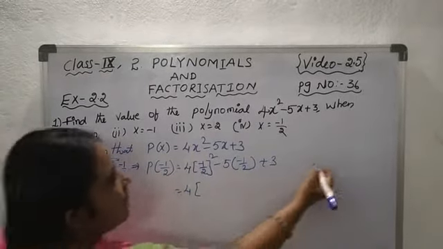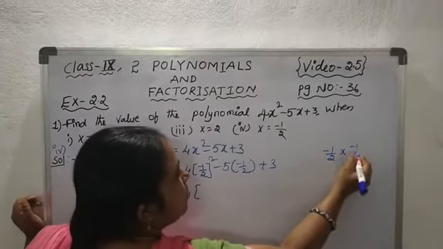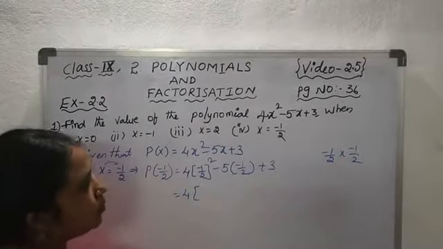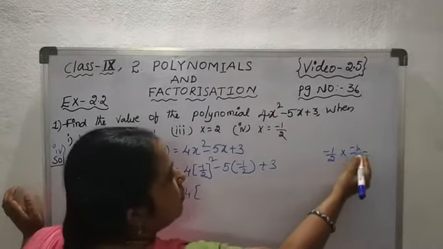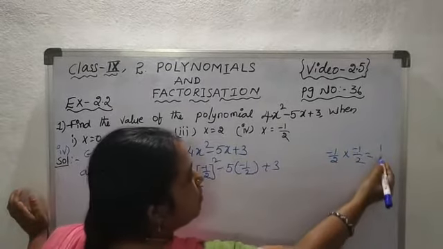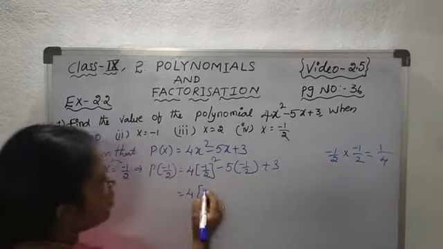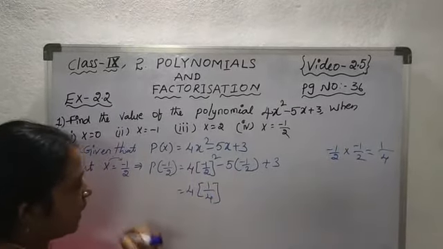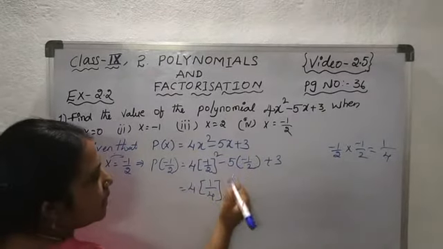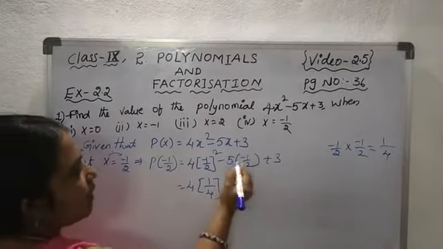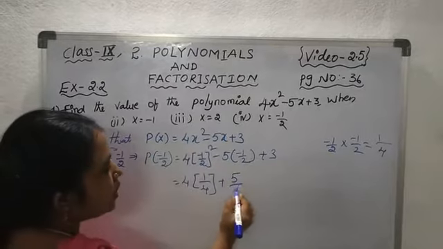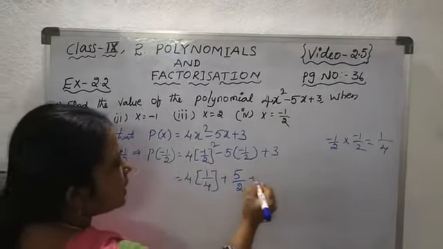Minus 1 by 2 multiplied 2 times, means here the power 2 is there, so multiply 2 times. Numerator 1 1s are 1, minus into minus becomes plus, by 2 2s are 4. So here the value is 1 by 4. Minus into minus becomes plus, 5 1s are 5, by denominator 2, plus 3.